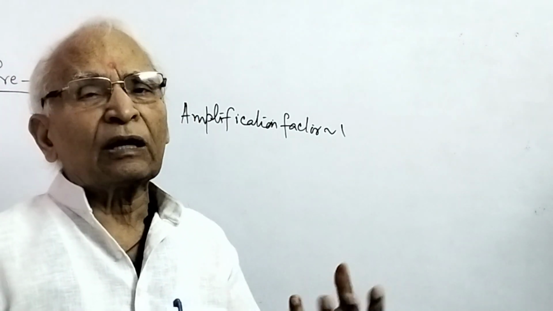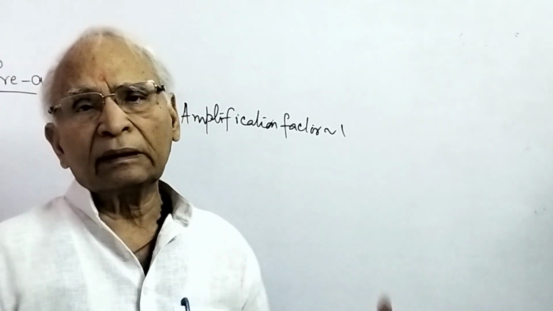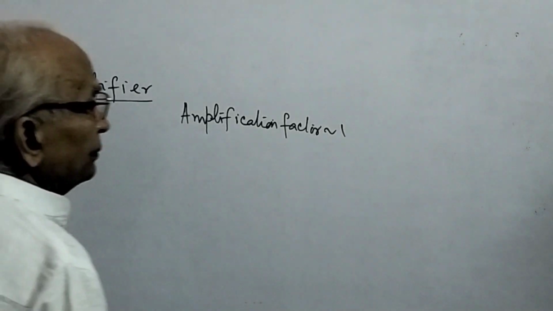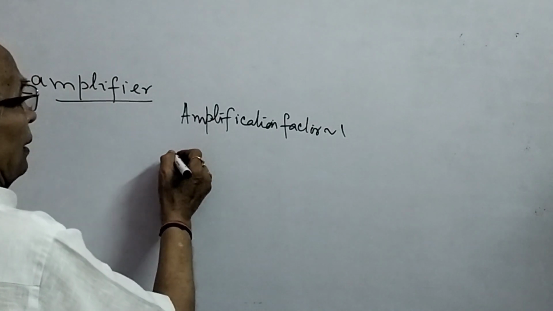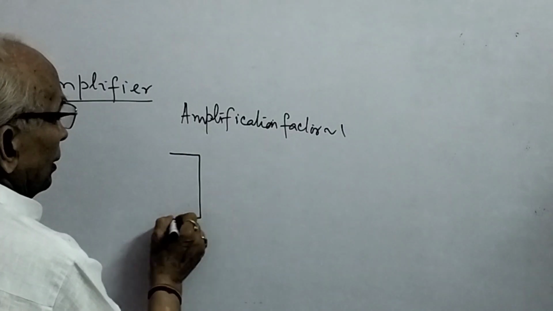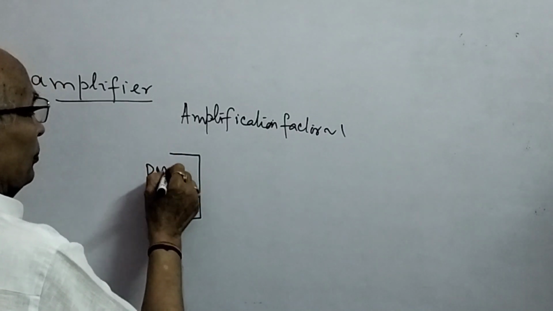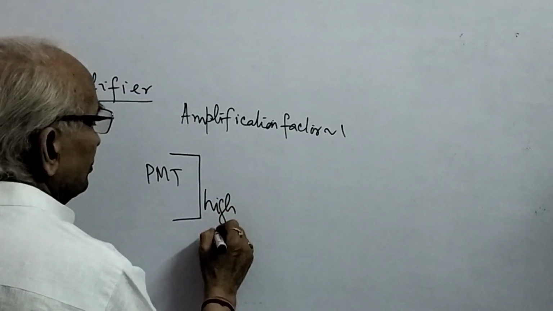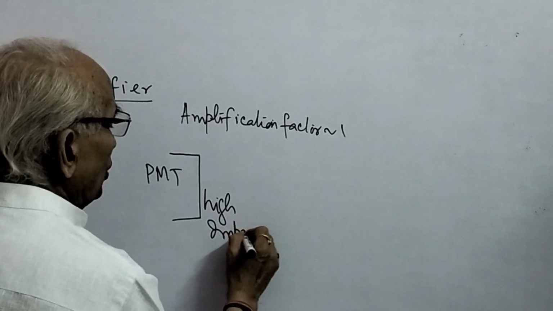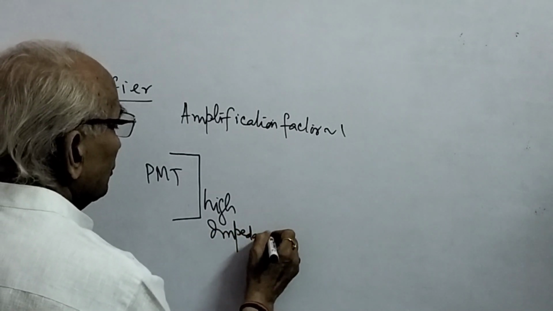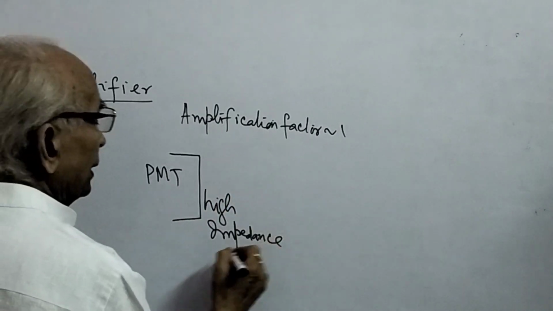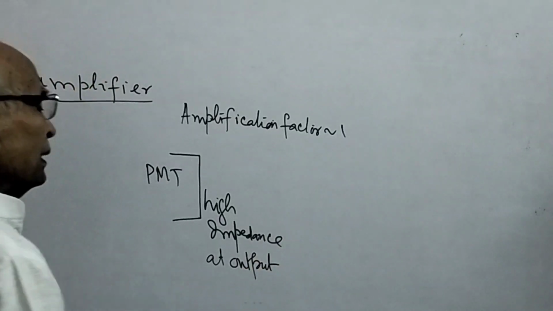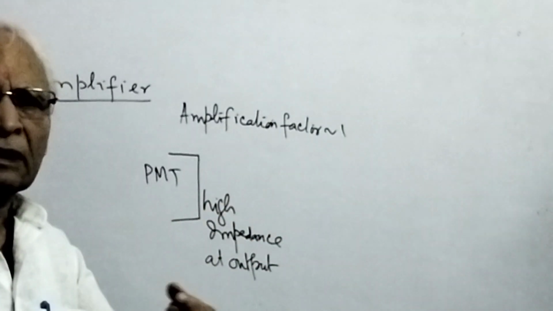This is a circuit just like a common base transistor connection in the input and output. You see what we have? We have a PM tube. This has high impedance at output, because it has high resistance, so many resistances.